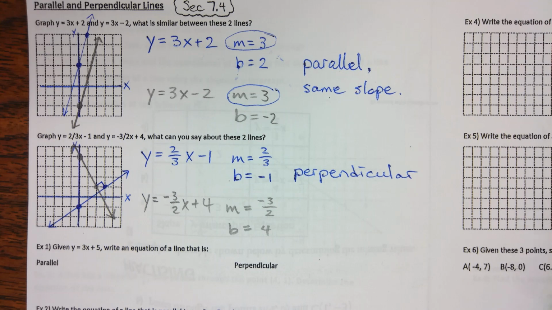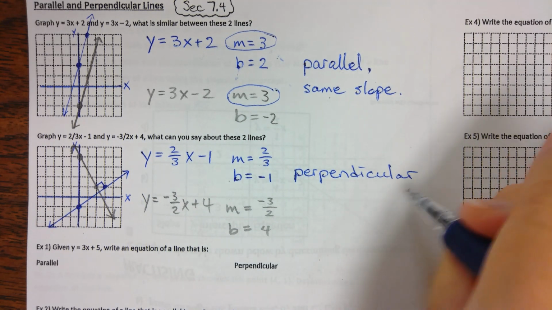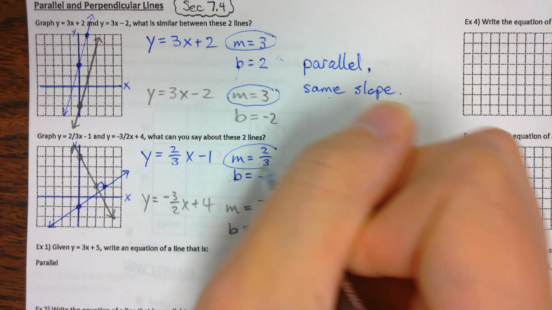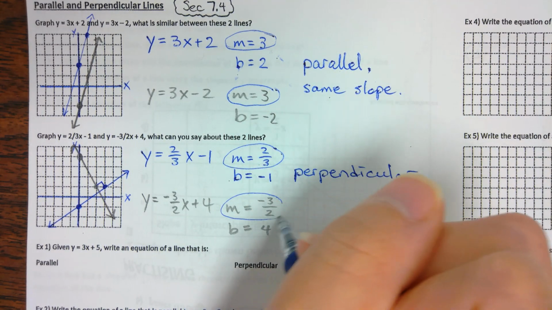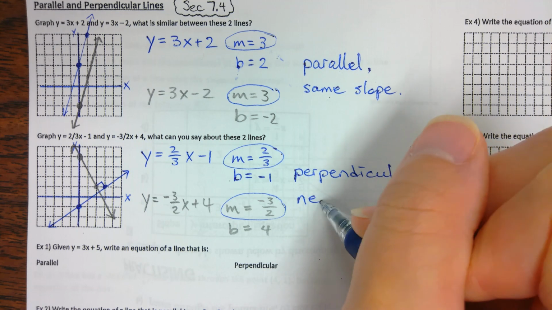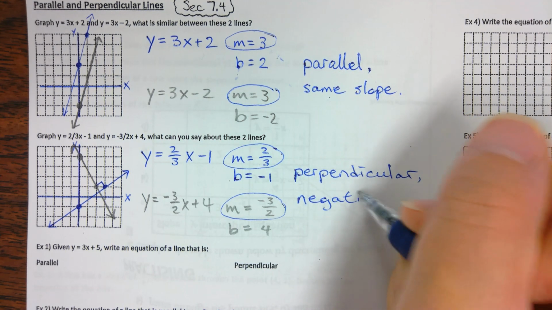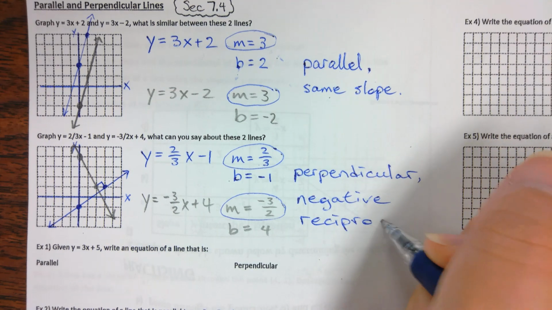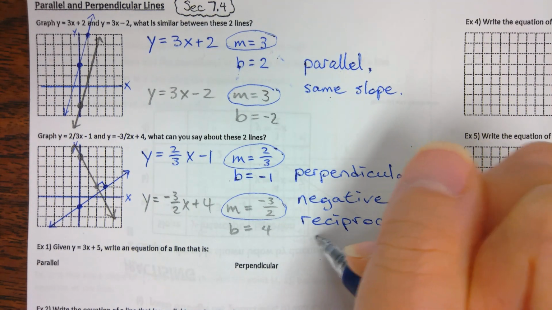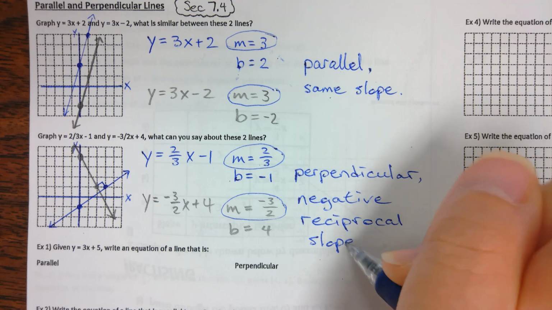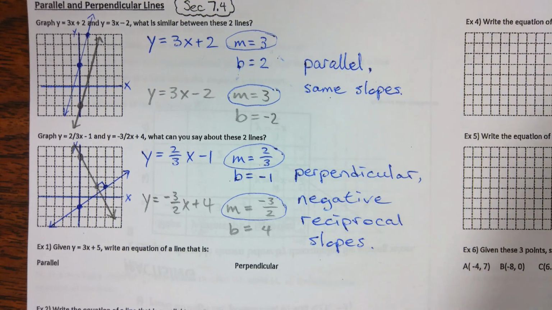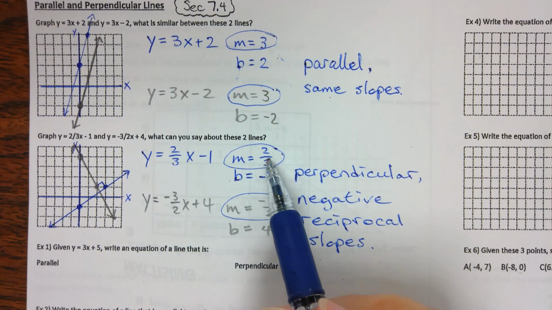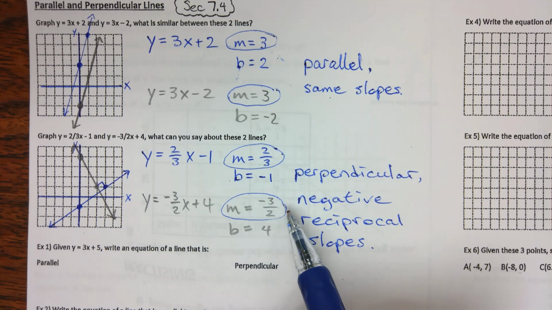But again, I don't want to say they look 90 degrees. Mathematically, since the slopes are negative reciprocals, then they're perpendicular. Looking at the slopes, they are negative reciprocals. Okay. Negative reciprocal slope. And mathematically, that's how I know they are perpendicular.